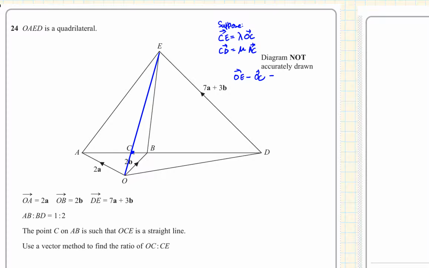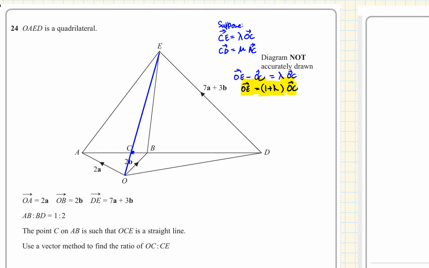So that is equal to lambda times OC. So then I can write vector OE is equal to 1 plus lambda times OC. Okay, so this is an important bit to have. So I'll highlight this a bit.